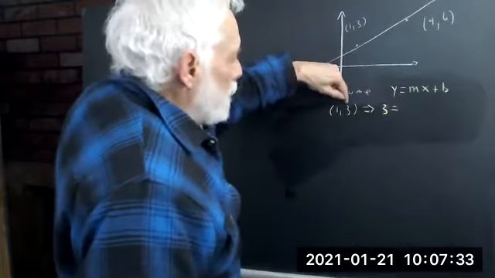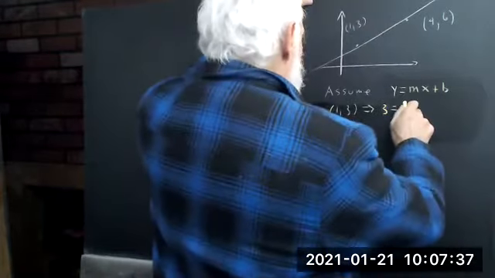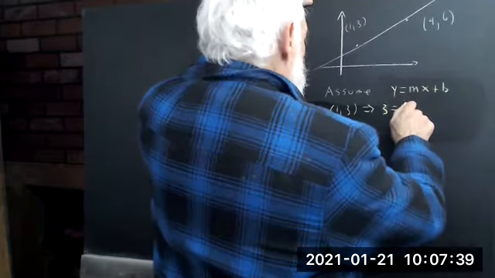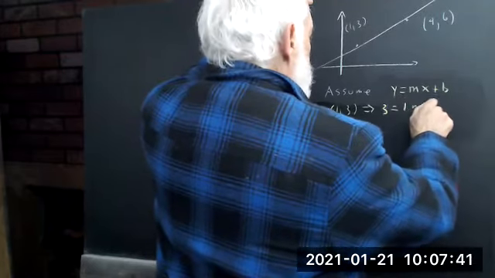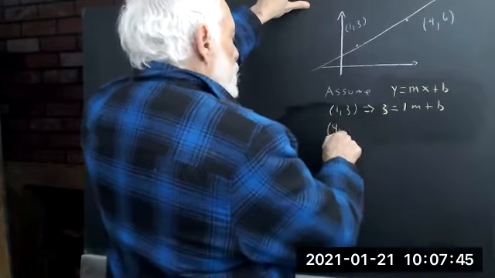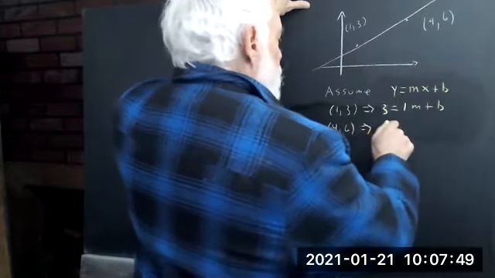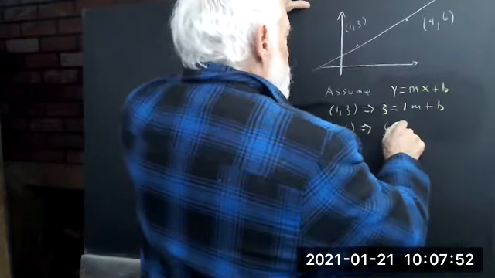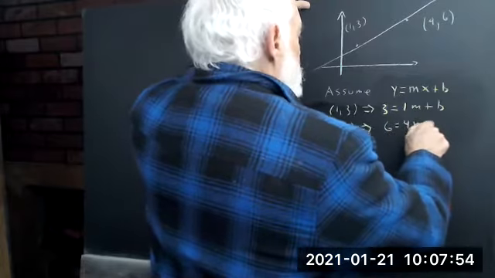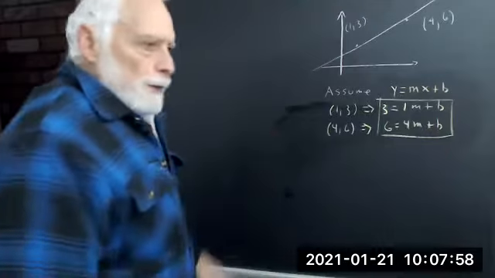So at the point (1, 3), y is equal to 3, so 3 equals 1m plus b. At (4, 6), 6 equals 4m plus b. And here's our system.